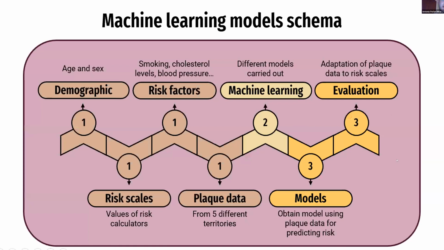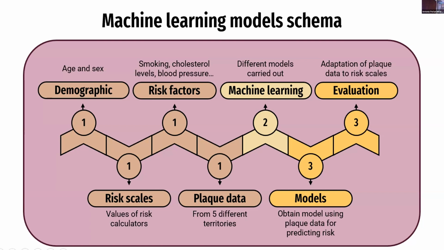Here is the machine learning model schema, in which the first step was to obtain all the features, which, as I have said, were demographic features, age and sex, risk scales, which are the calculators.